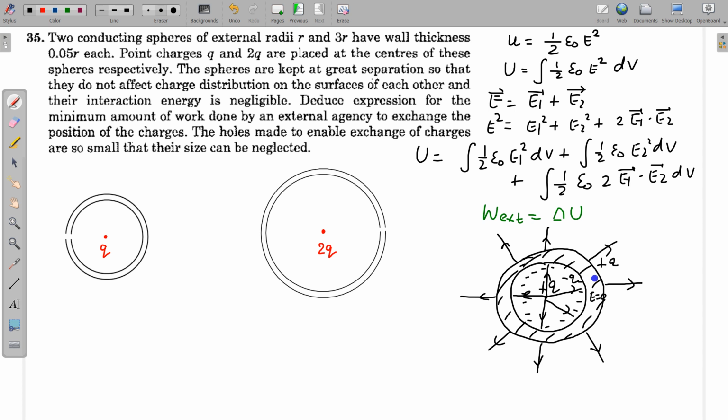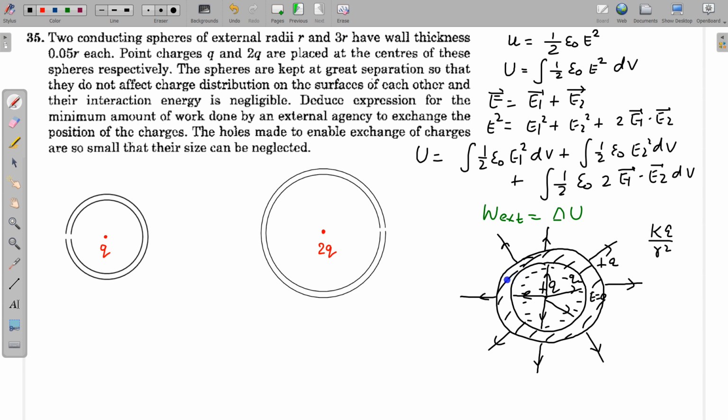Except for this material region, all over this space the electric field is kq by r square. So we can say that the energy due to this electric field is everywhere in the space except the region where the material is.